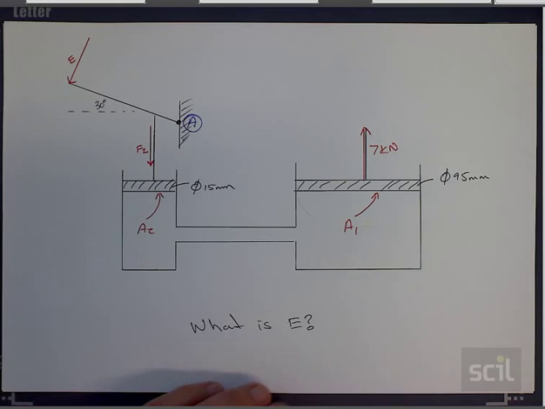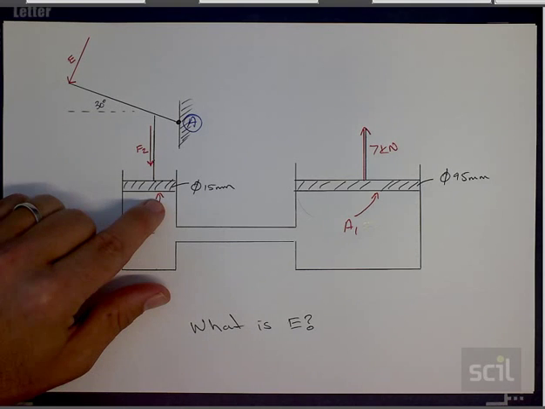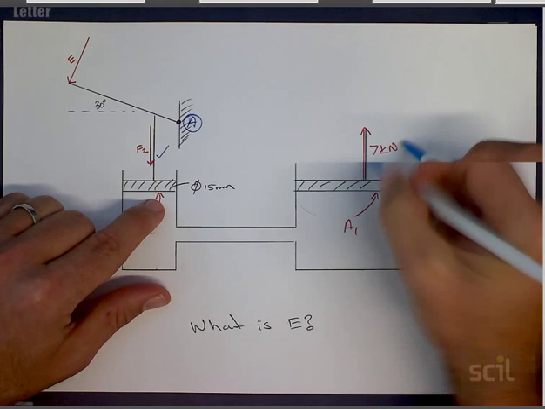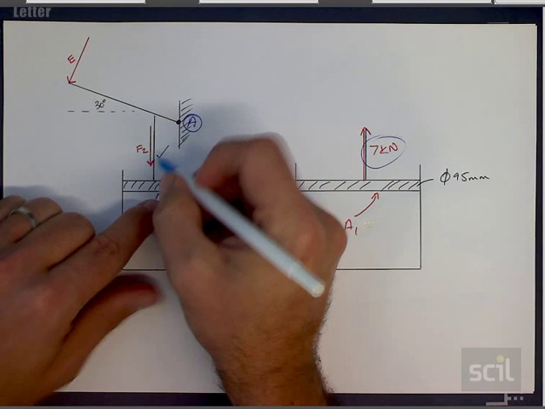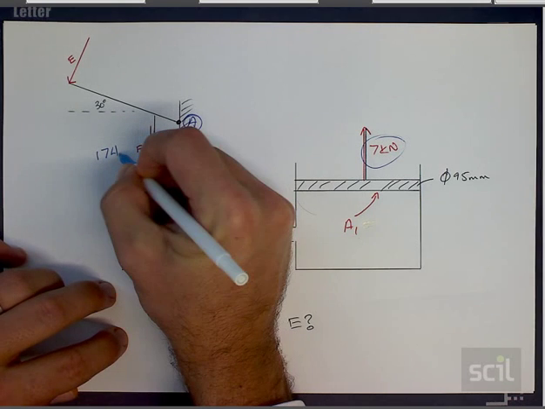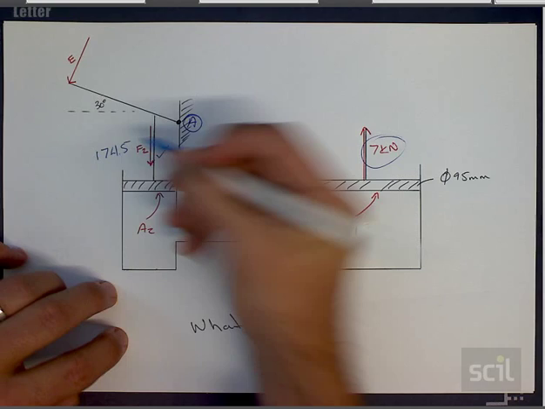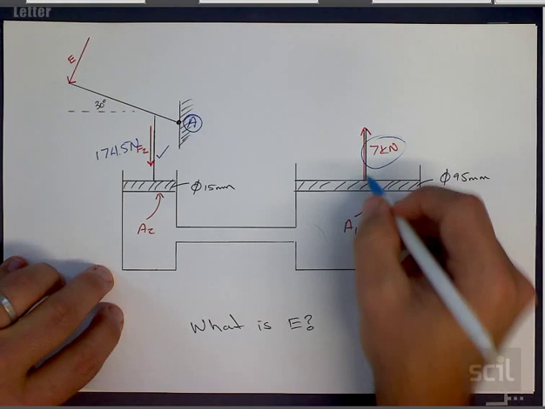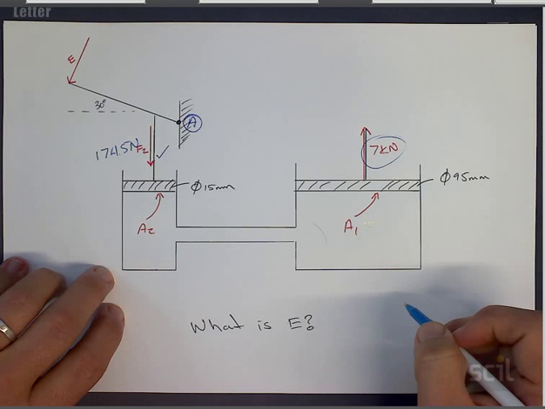We now move on to the force 2 over here. We've worked it out because we know that the 7 kilonewtons now requires 174.5 newtons downward force in order to get that 7 kilonewtons force coming out.